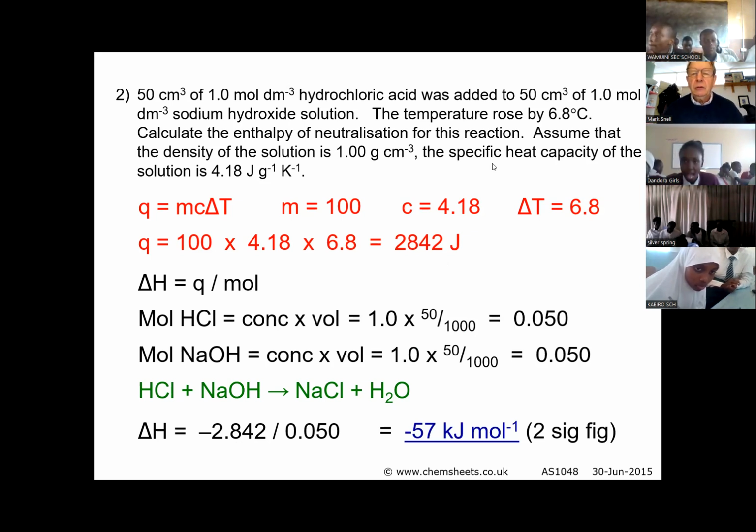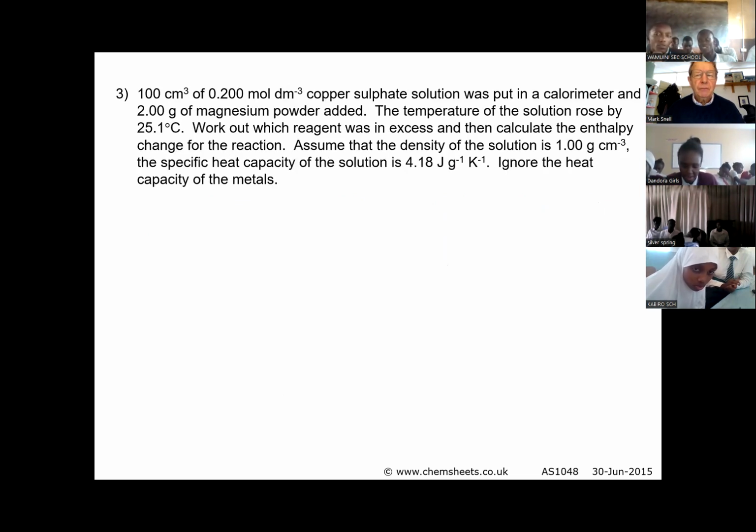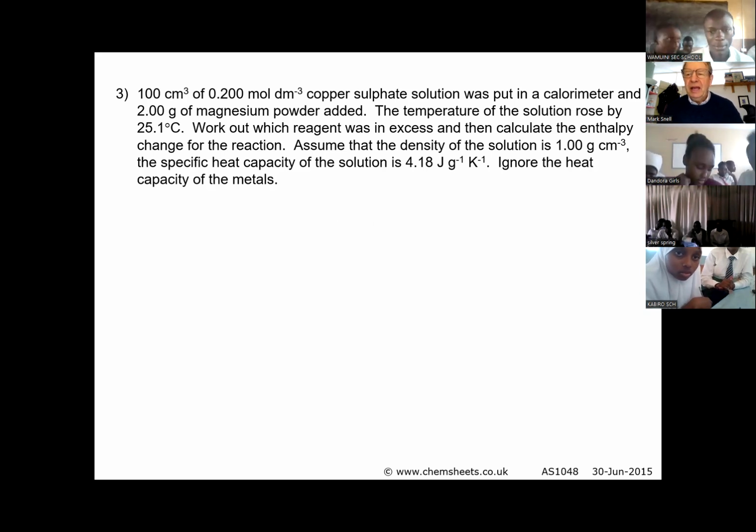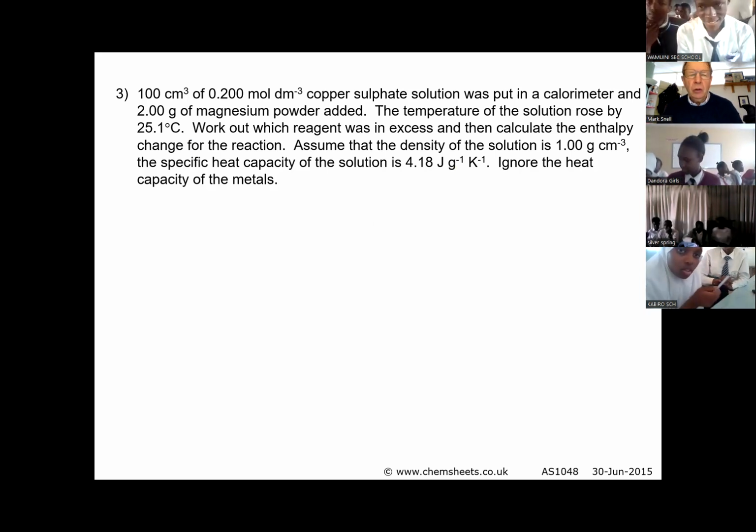I'm going to look at another question. This is one which was used in a KCSE examination paper 3, and this was one where people had to do it. We're not actually going to do it now, but I'm going to show you how it works.